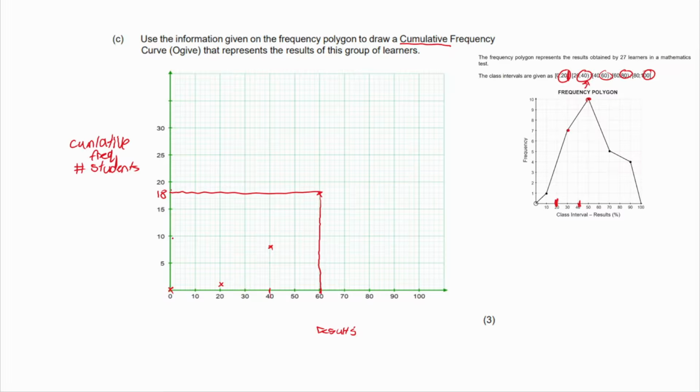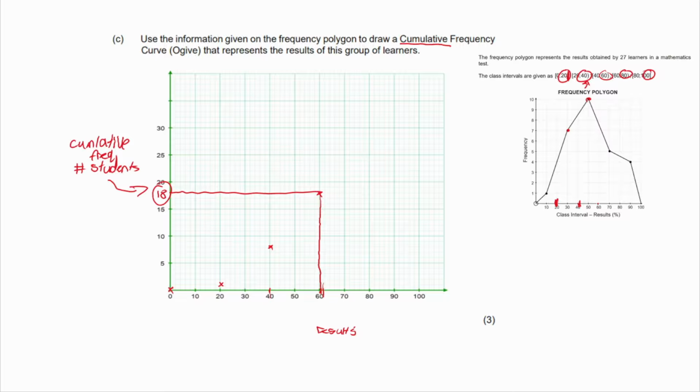It means the number of students. So what it's saying here is it's not saying 80 students got 60%. What it's saying is 18 students got below 60%, 18 students got 60% and below.